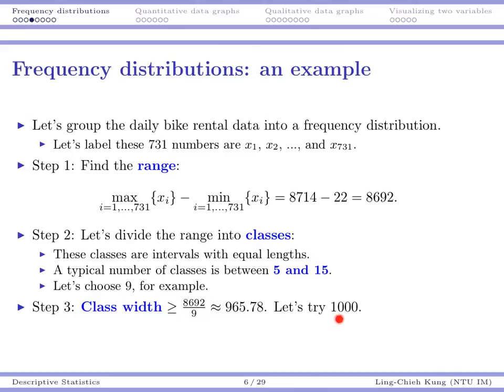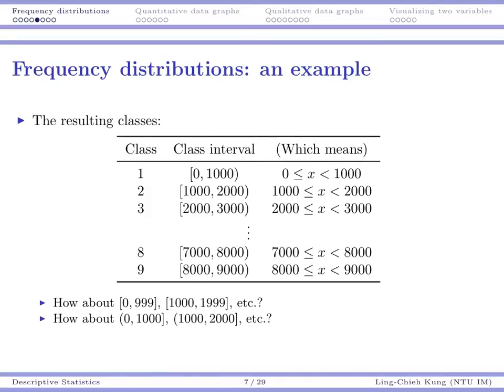So let's simply try 1000 as our class width. For each class, the width would be 1000, and we're going to use 9 classes to cover the whole range of our data set. The resulting 9 classes would be: the first one is from 0 to 1000, the second one is from 1000 to 2000, and so on, and the last one is from 8000 to 9000.